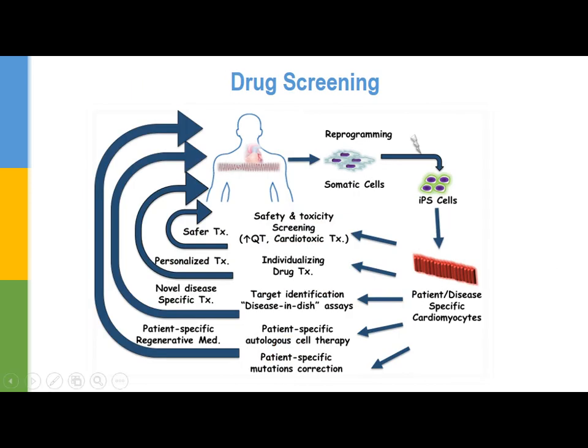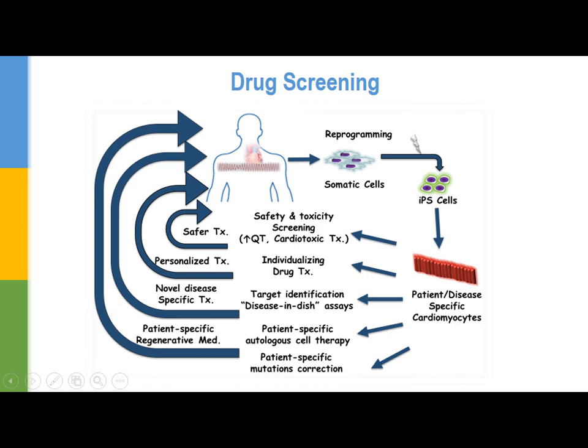So we can use pluripotent stem cell technology to ask questions about the safety and toxicity of drugs. We can tailor a specific drug to a specific patient to individualize therapies.